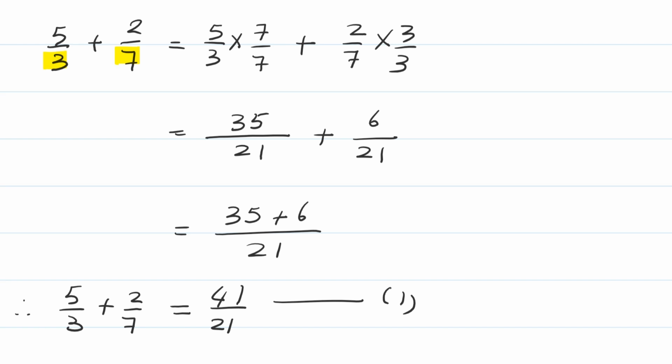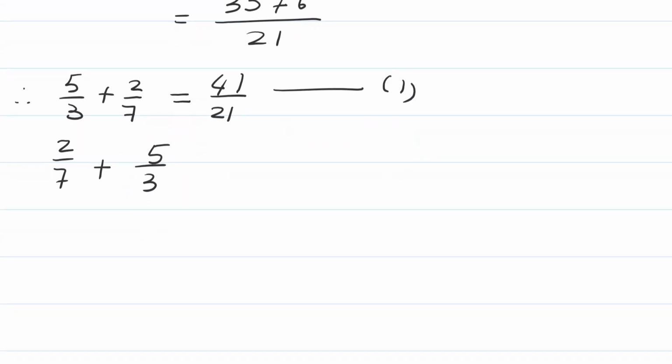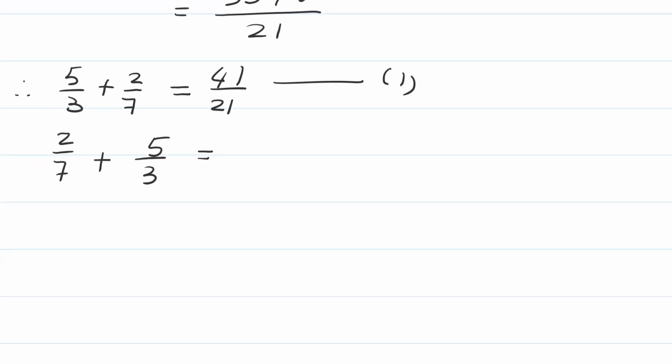So this is left hand side. Now we will show that 2 upon 7 plus 5 by 3 is also same, 41 by 21. Change base, multiply and divide 2 by 7 by 3. Multiply and divide 5 by 3 by 7.